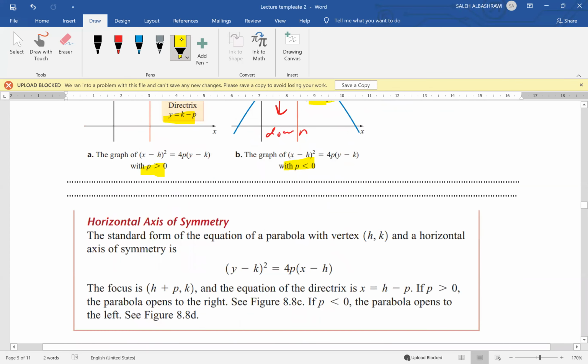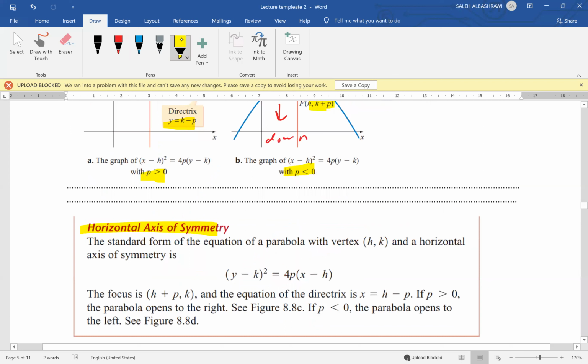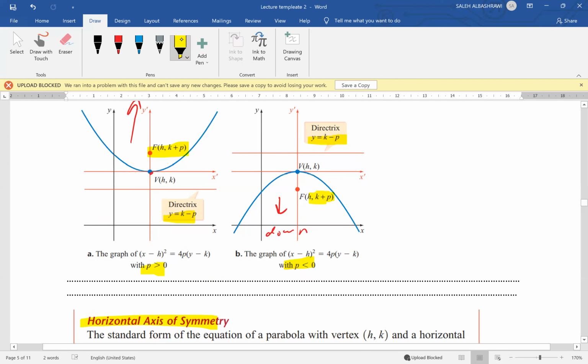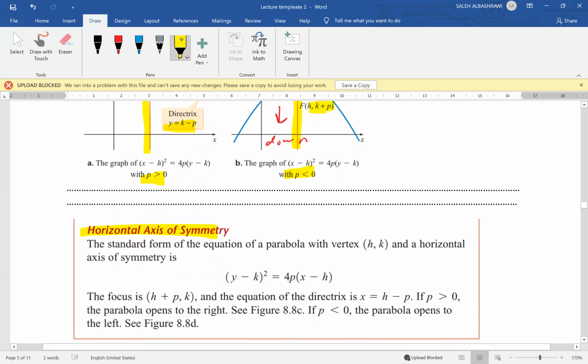The second type is if we have a horizontal axis of symmetry. In the first case, the axis of symmetry is this line, the line passing through the focus point and vertex. You can see it is parallel to the y-axis. For the second case, the standard form of the equation of the parabola with vertex (h, k) and horizontal axis of symmetry is (y minus k) to power 2 equals 4p (x minus h).